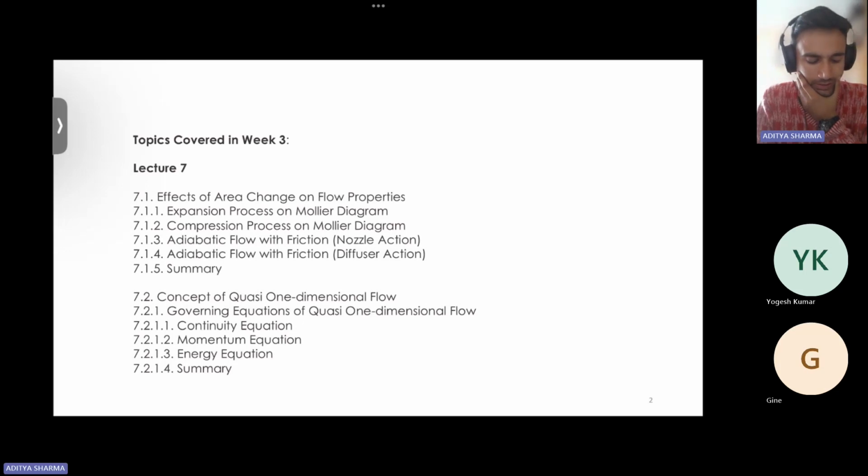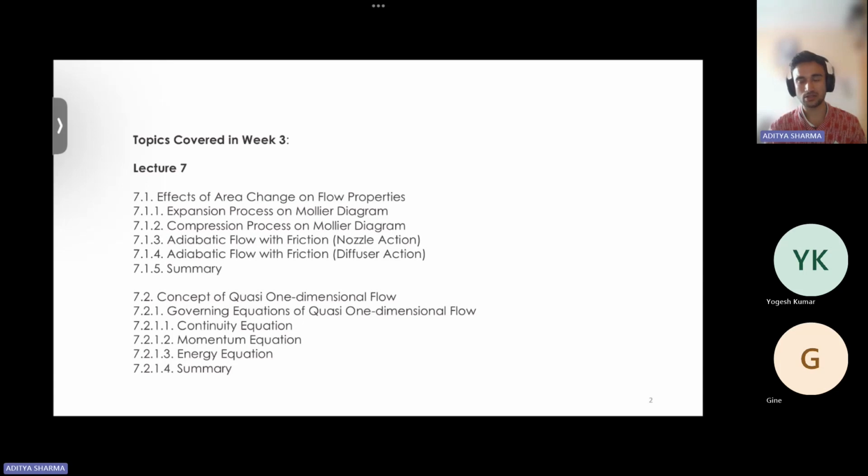Then there were two topics. One was adiabatic flow with friction. In this, though there was no heat transfer, friction was being considered. Two different cases were discussed: one was nozzle action and one was diffuser action.